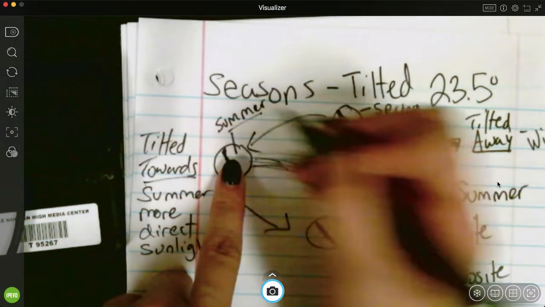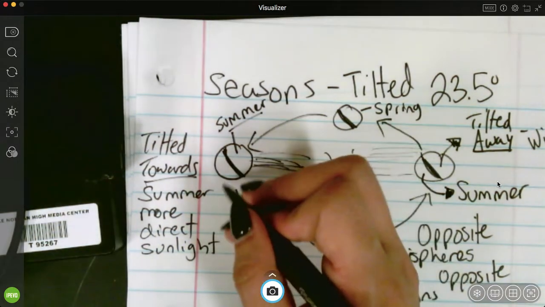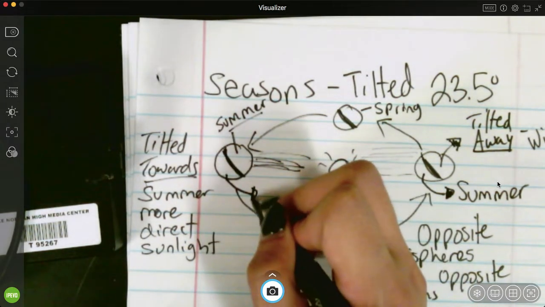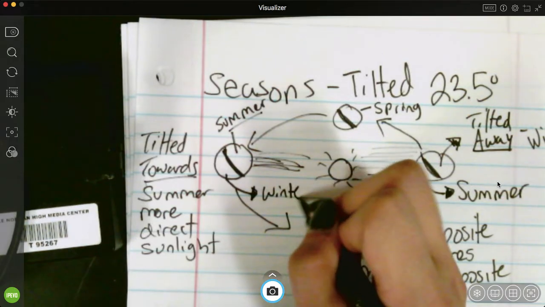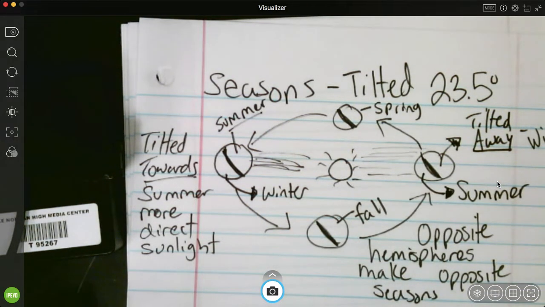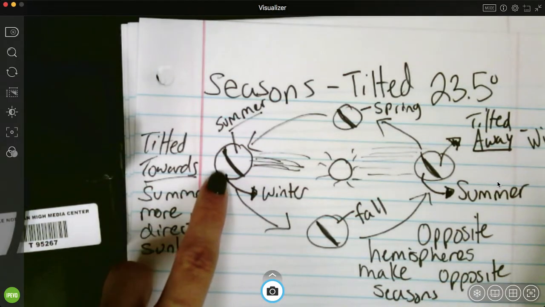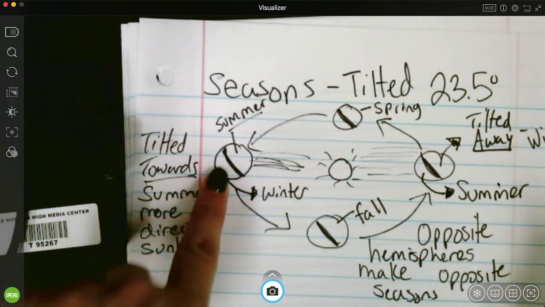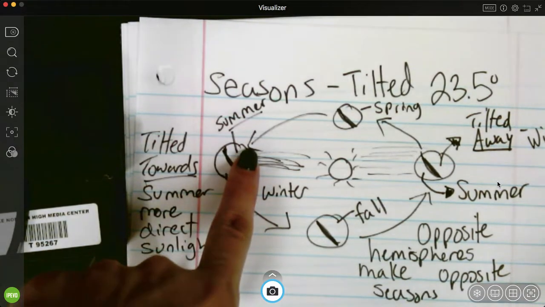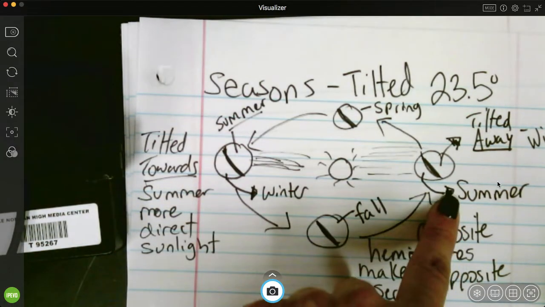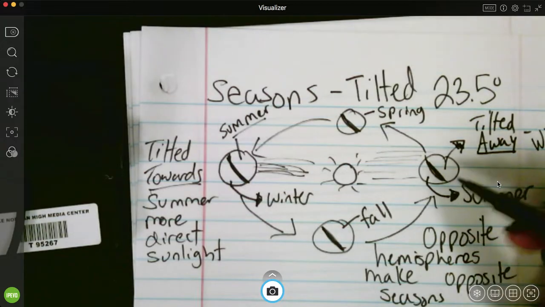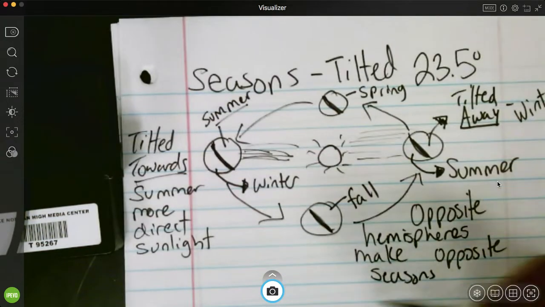When we're tilted towards the sun and it's summertime up here in the northern hemisphere, it's winter down here in the southern hemisphere. So like places in Australia, in the southern hemisphere, it gets cold in June and July, whereas here it gets warmer. Their hottest months of the year are December and January, when that's our coldest.